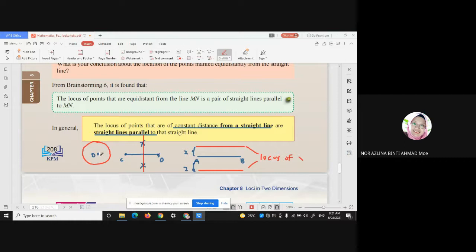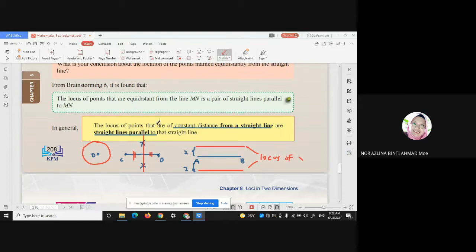First locus, from a fixed point, give the distance. Second locus, the perpendicular line, is equidistant from C and D. And the third one, the locus forms a straight line when the distance of the locus is given.